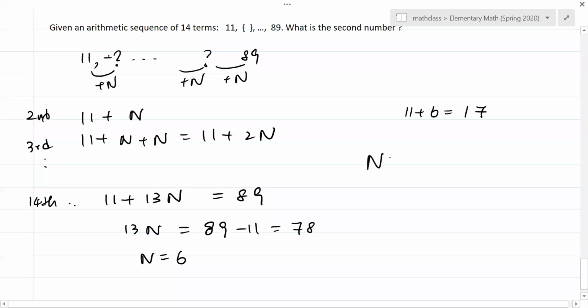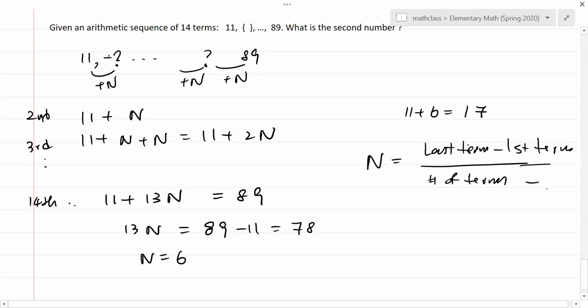So n is going to be the last term minus the first term divided by the number of terms minus 1. Looks like that because divided by 13. All right, so you can also derive the formula by yourself.